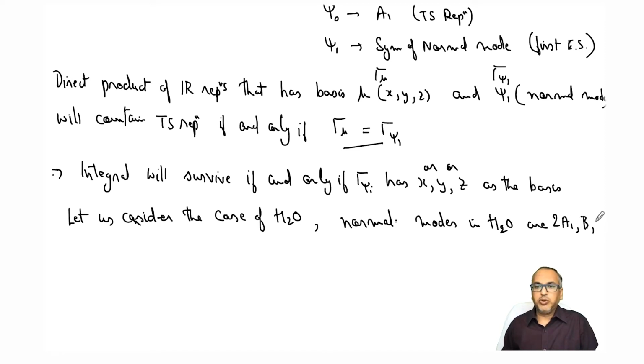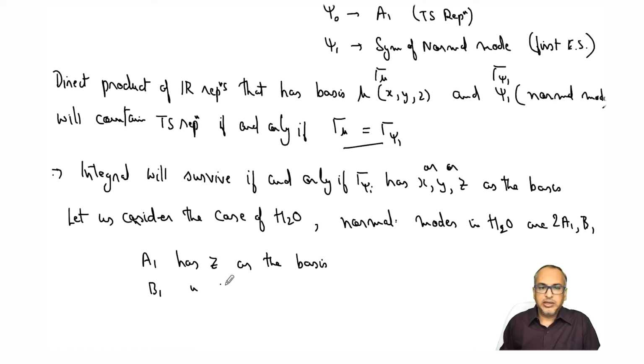So two a1 modes are there and one b1 is there. Now let us try to find out the symmetry of a1, the basis of a1. So a1 has z as the basis and b1 has x as the basis.